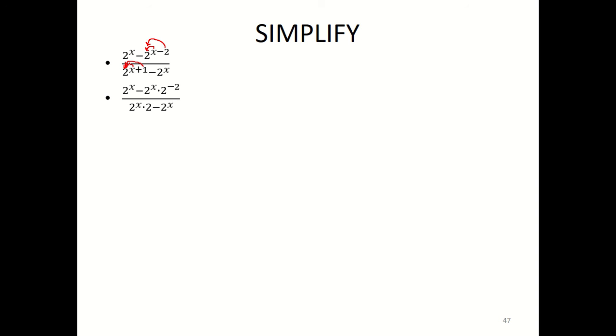In the numerator, I do have a common factor of 2 to the exponent of x. In the denominator, I also have a common factor of 2 to the exponent of x. Remember, you only take out a common factor if between the bases you have plus or minus.